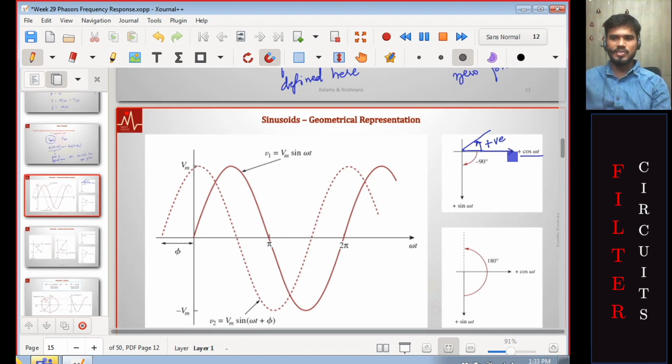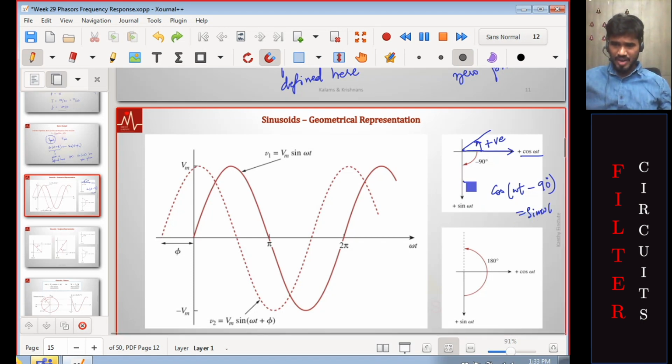If a cosine is along this direction, sine is almost perpendicular to it. Okay, we can quickly start seeing all relations over here. For example, take cos omega t, minus 90 degrees. Automatically, what you get is sine omega t. Or the other way around, take sine omega t. If we add plus 90 degrees, you get cos, right?